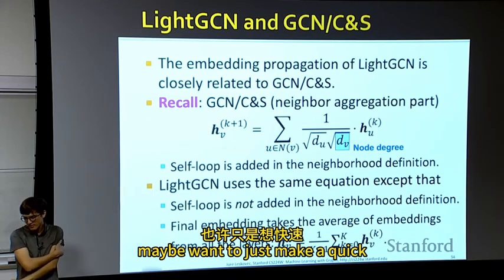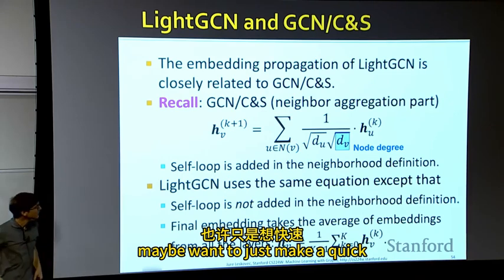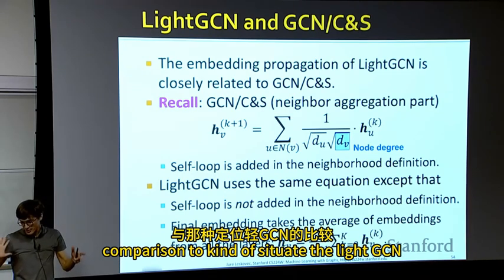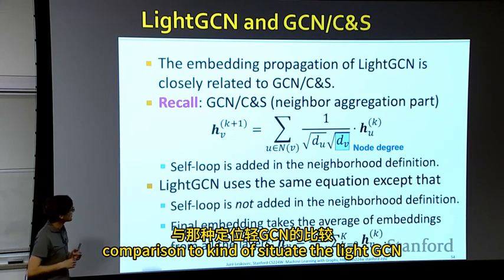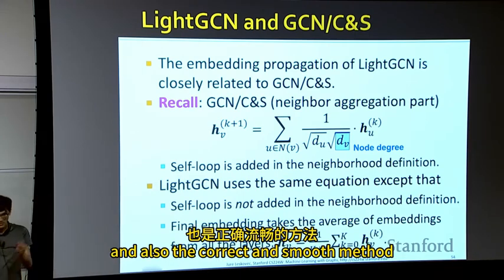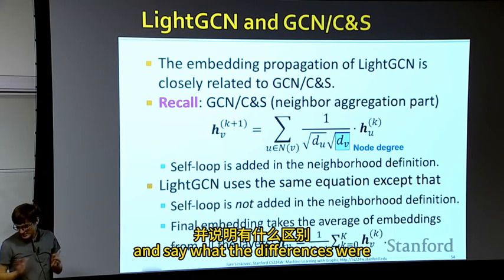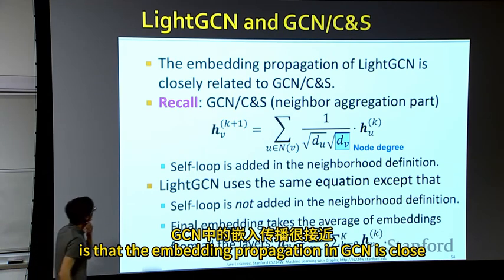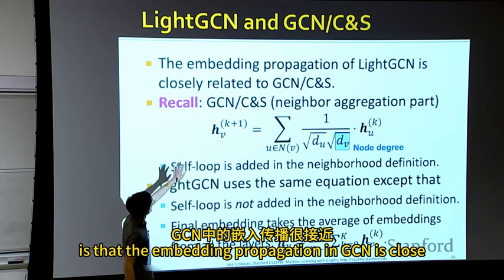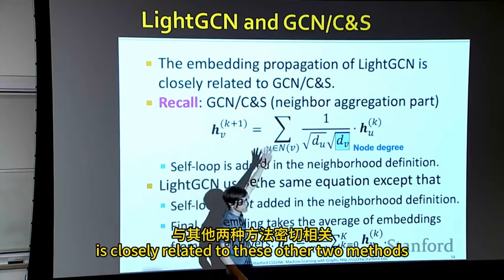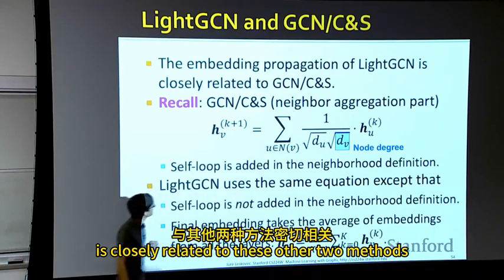I maybe want to just make a quick comparison to kind of situate the light GCN and the original GCN and also the correct and smooth method and say what the differences were. Is that the embedding propagation in light GCN is closely related to these other two methods.